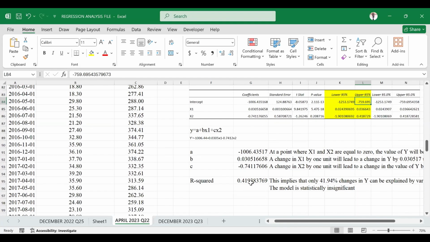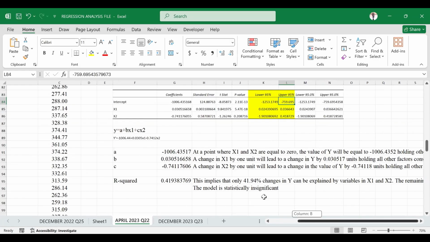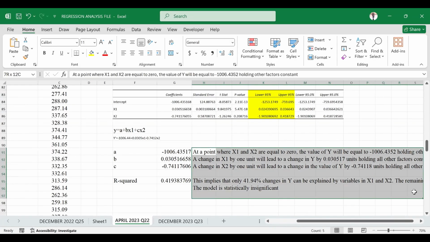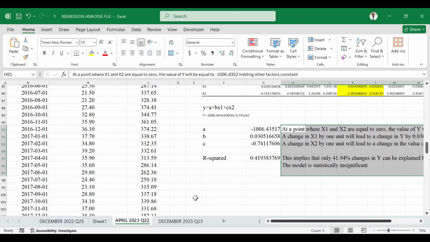That is one important thing, because normally the examiner will never bring you a regression analysis question without asking for the interpretation. Remember that. So when I shared this working last time, I made sure that I wrote the interpretation part so that you are able to align yourself and know how to give those interpretations. So remember that and always have it at your fingertips in case you meet such a question in an exam.